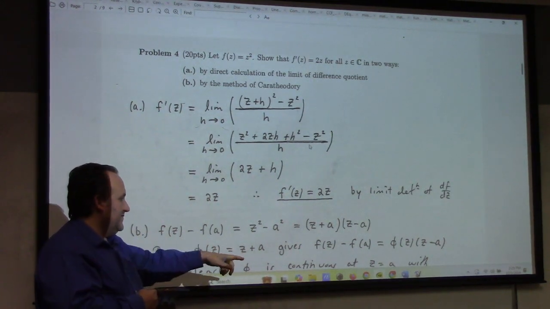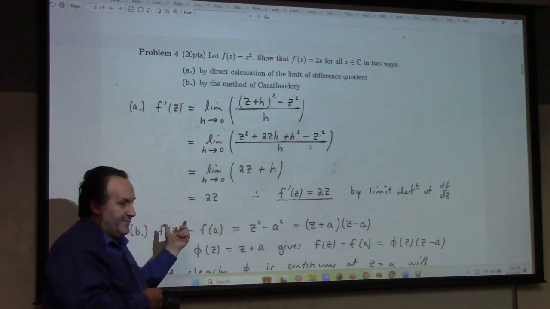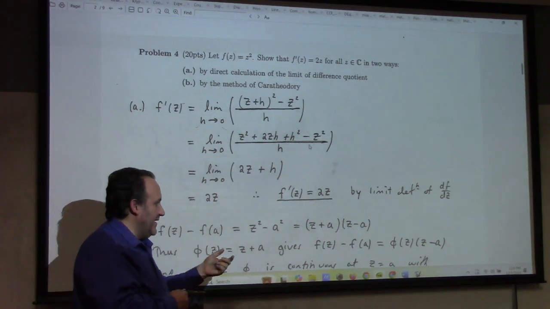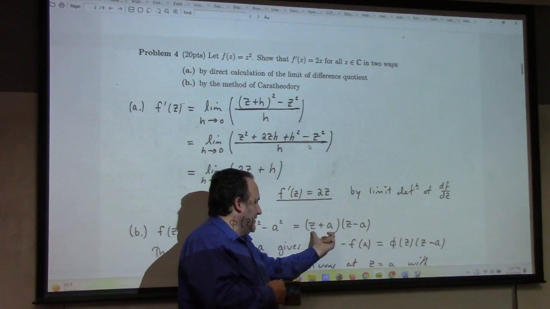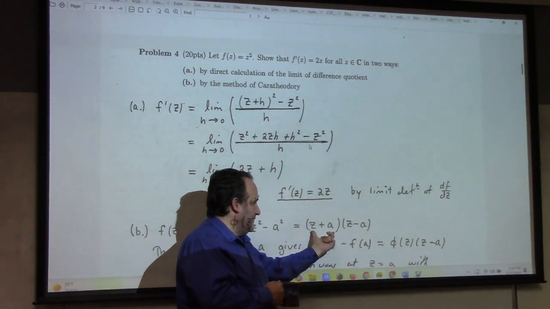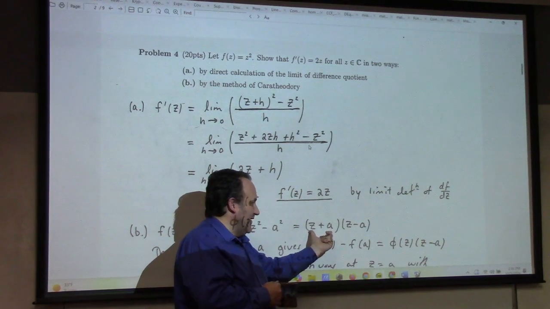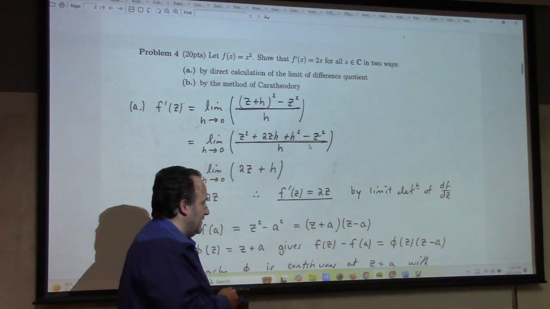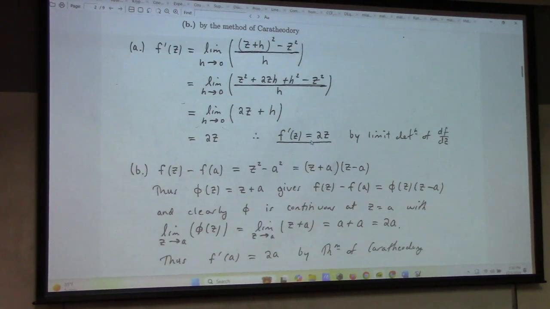To actually calculate phi of z, what I always do is take f of z minus f of a, and then look to factor out z minus a. Whatever's the cofactor to z minus a, that's going to be the Carathéodory function. And if that thing is continuous, then it serves the role of the limit: as z approaches a, it's going to be the value of the derivative, which here is a plus a, which is 2a, of course. f prime of a is 2a here. So anyway, there's that. We had problems like that in the homework, of course.